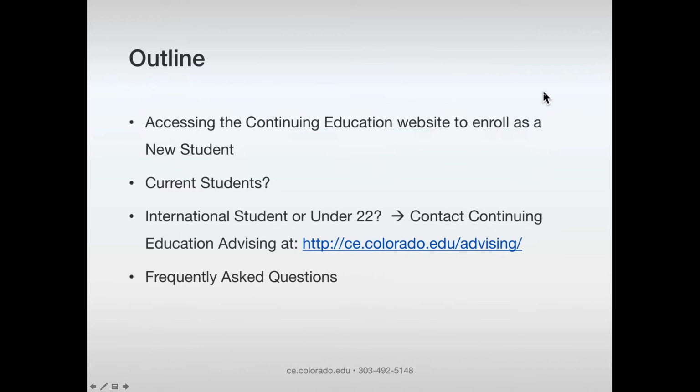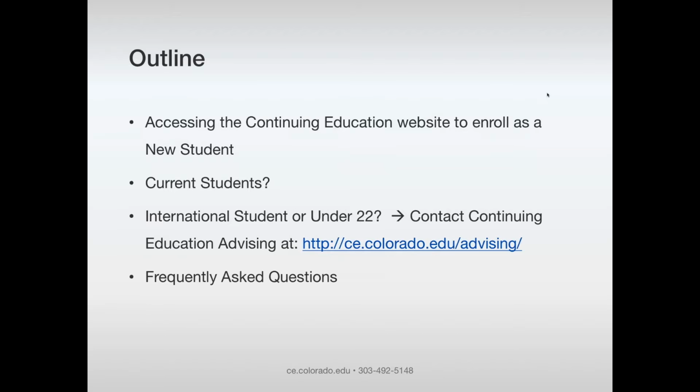So the outline for today's webinar, we will be accessing the continuing education website to enroll as a new student. If you are a current student, or if you are an international student or an under 22-year-old student, you will follow probably very similar steps as we will cover with this application.